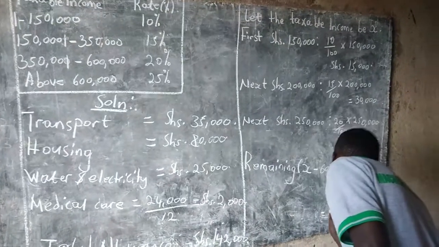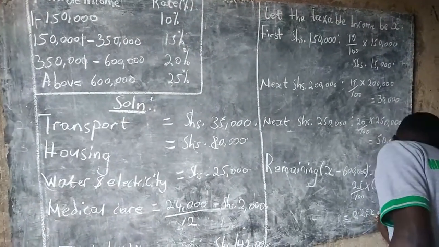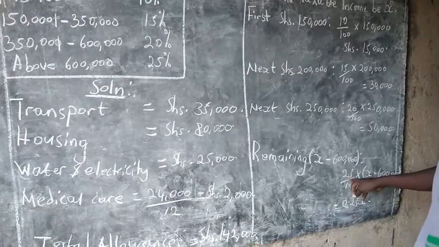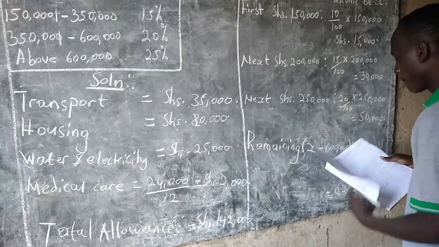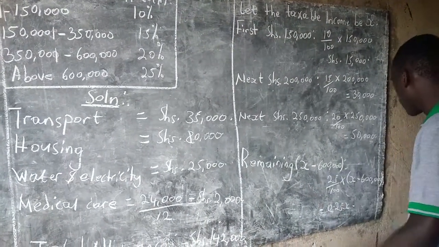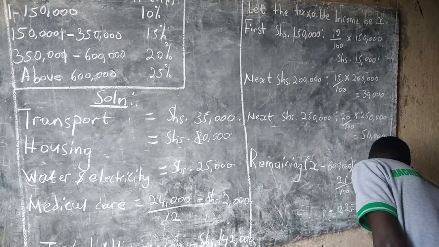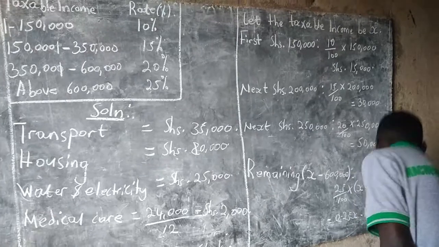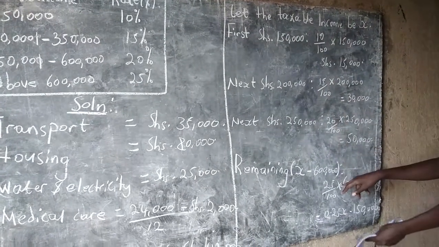The answer there will be 0.25x minus 0.25 times 600, you get something like 150,000. So shillings 150,000 there. This is now our income tax.